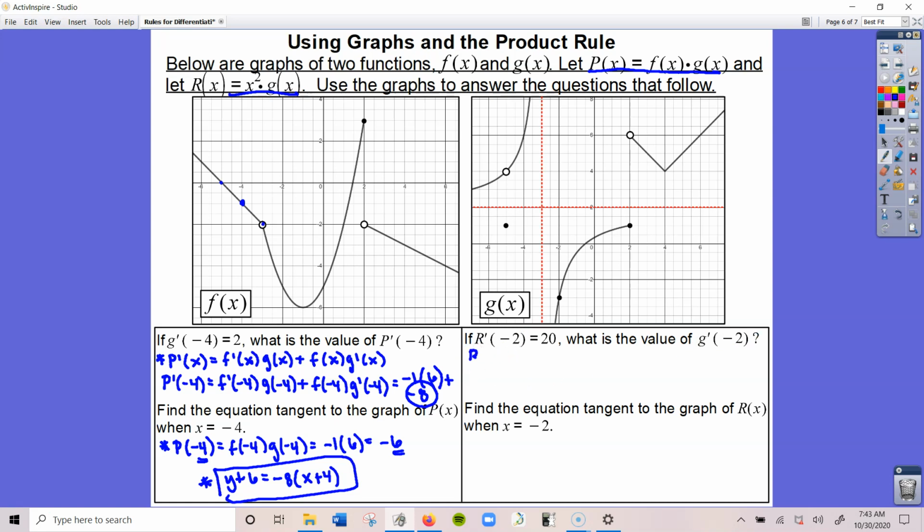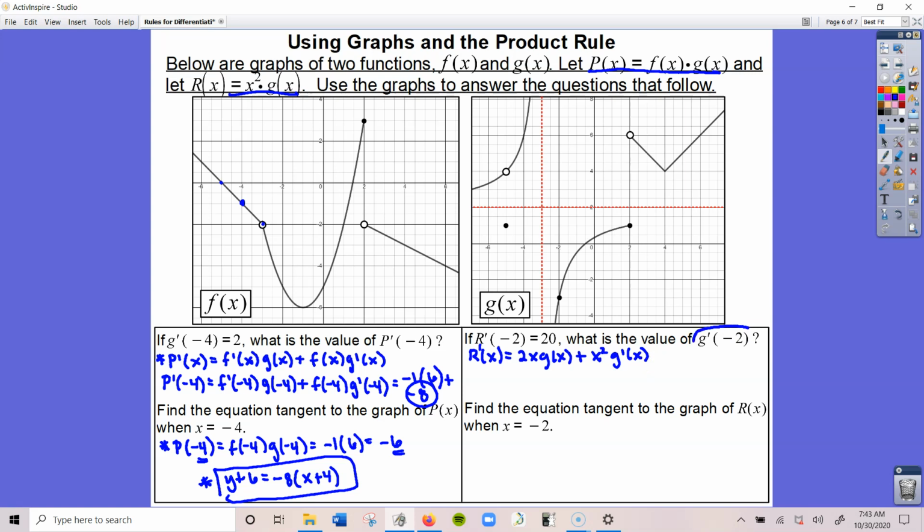So we first need to get the general equation for r prime of x. Remember this is another product, so we would find the derivative of x squared, which is 2x times g of x, plus x squared times the derivative of g, which is g prime of x.